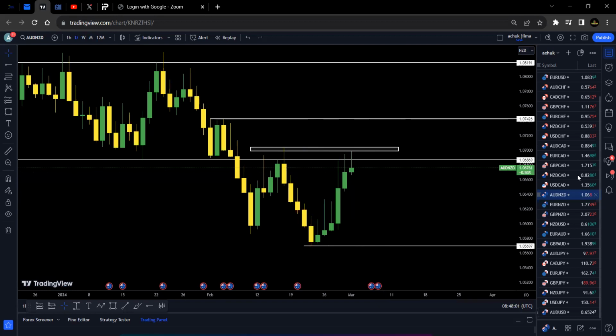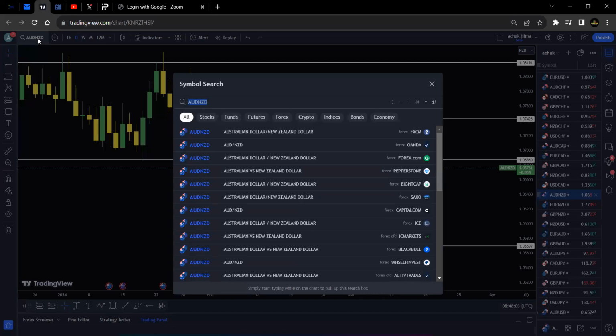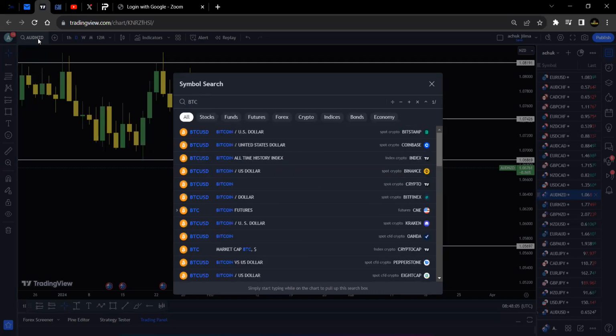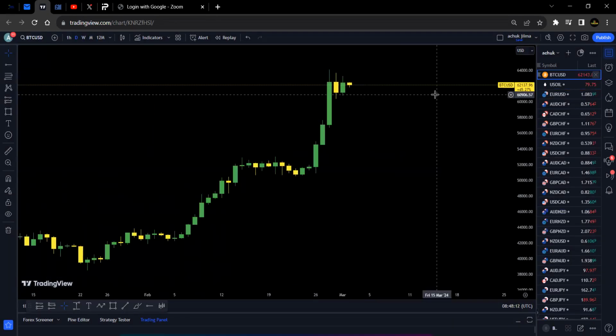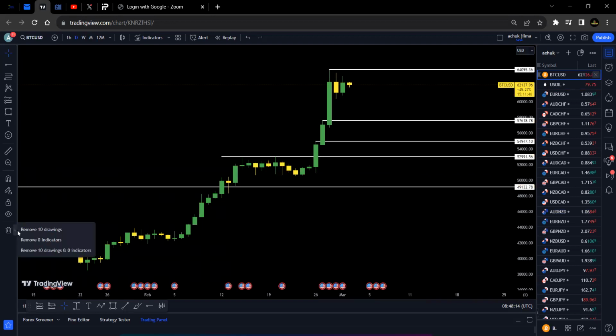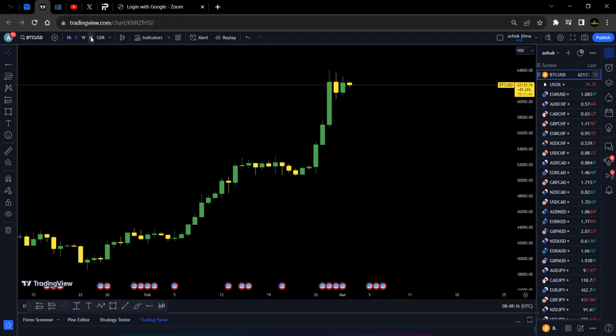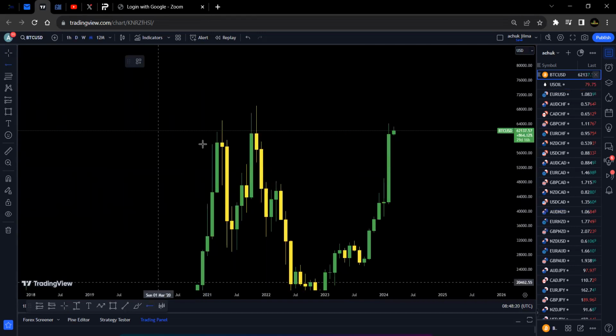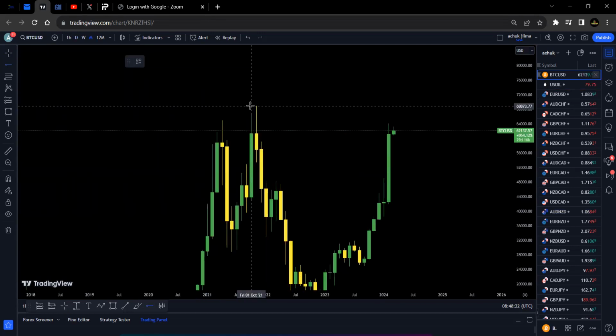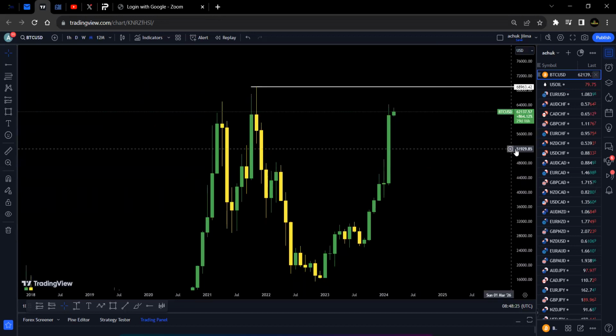And then finally going to one more pair, which is Bitcoin, that's been trending well. So let's look at the Coinbase Bitcoin. Looking at it from the monthly time frame also, this is our all-time high, which is the 68,000 price area for Bitcoin.